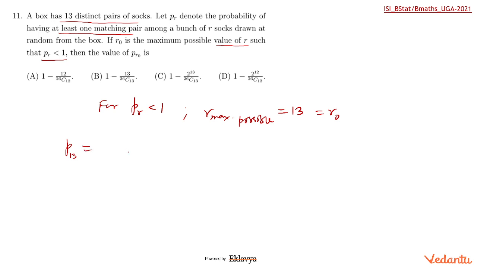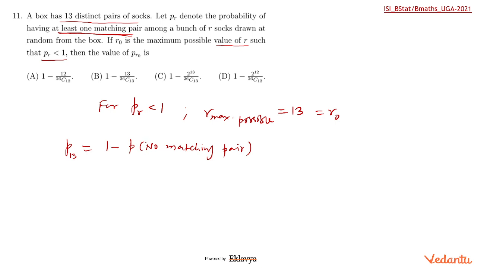The question now becomes, if we draw 13 socks, what is the probability of having at least one matching pair? So it is 1 minus the probability of no matching pair.